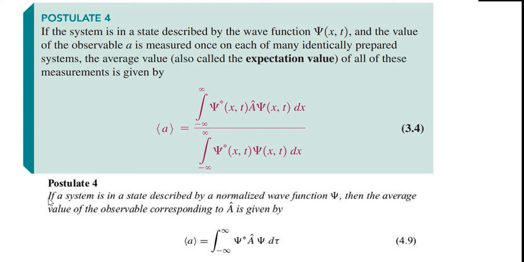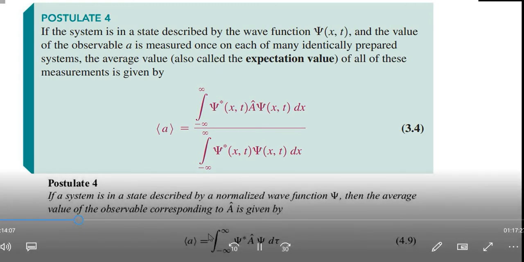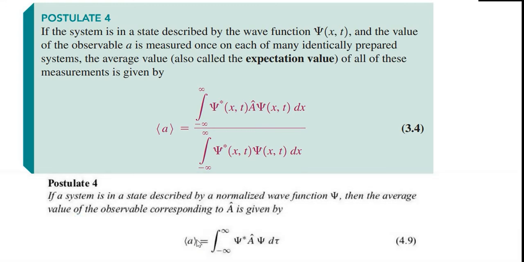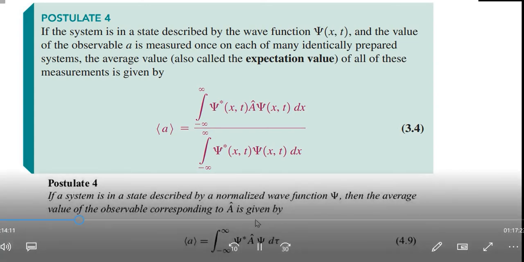It states that if a system is in a state described by a normalized wave function psi, then the average value of the observable corresponding to operator a hat is given by this. This is the average sign, a average. Small a average means it is the value, and this bracket or less than greater than sign means average, and it is given by this integral.